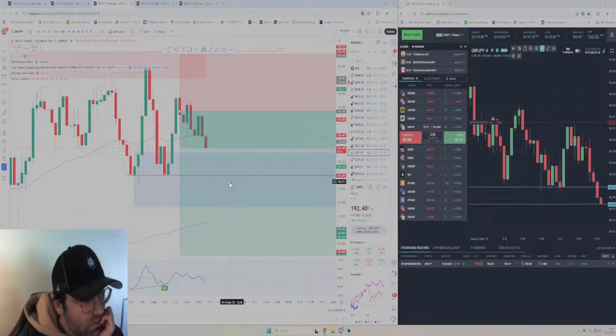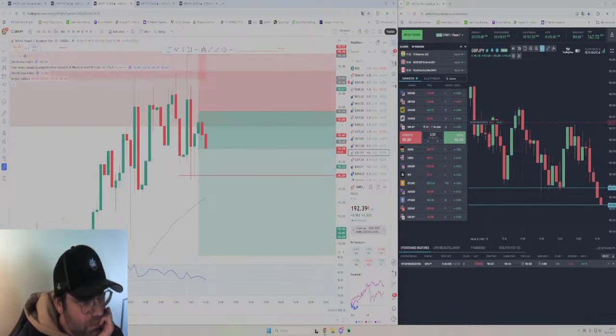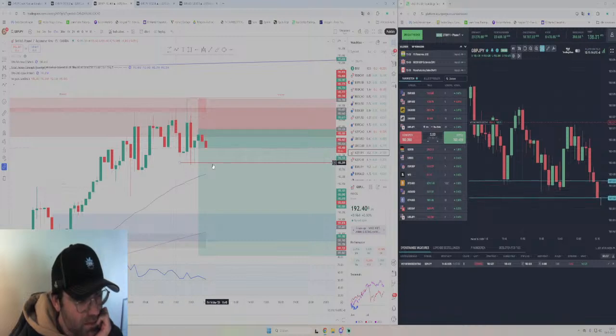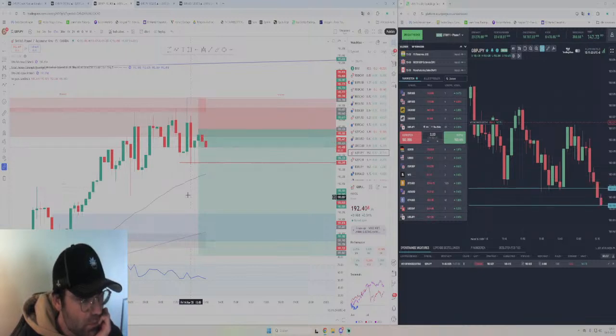Question is, I don't think it will respect this supply zone again, right? We're at it 1, 2, 3, 4 times. Surely we're done with this now.